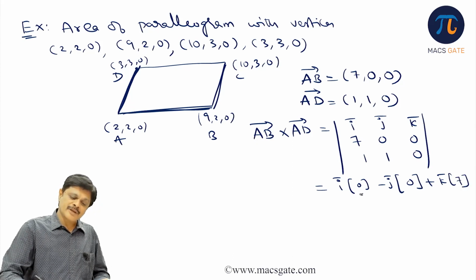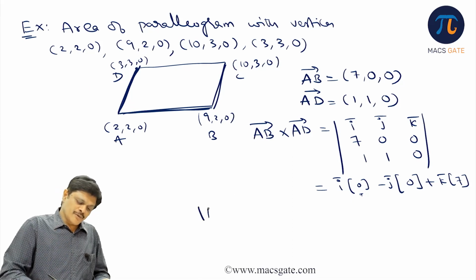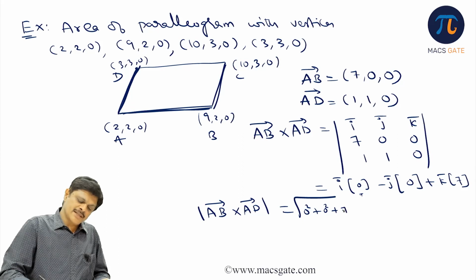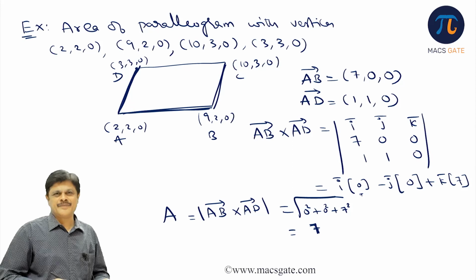Some people, when they see 0, write 0 directly. Please don't make such mistakes. So what is the length of AB cross AD? The length of this vector is under root 0 square plus 0 square plus 7 square, which is nothing but 7. The length of this is nothing but your area. So the area is 7 square units. That's it.